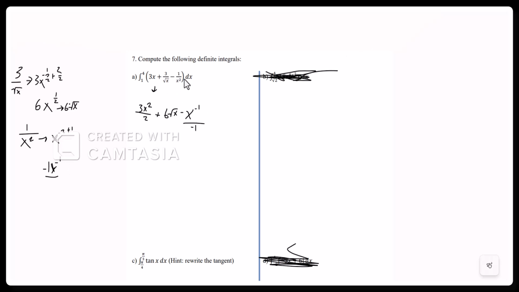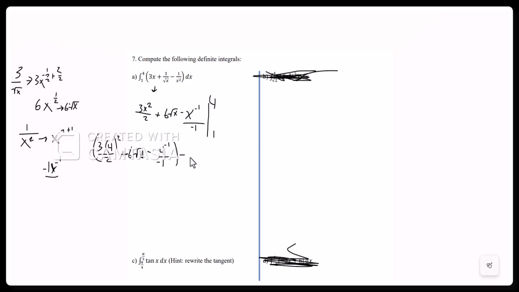So now that we found the antiderivative of this equation here, we're going to plug in 4 and 1. So when we plug this in, we'll do 3 times 4 squared divided by 2, plus 6 square root of 4, minus 4 to the negative 1 power over negative 1, in parentheses.